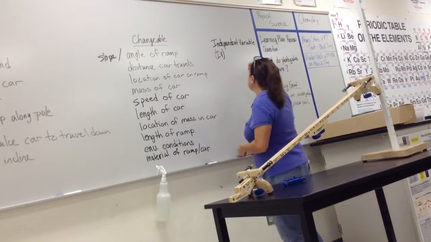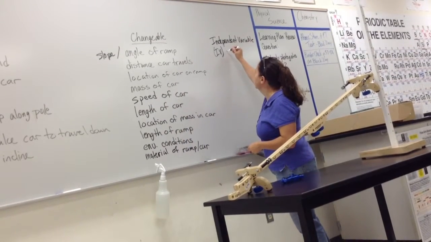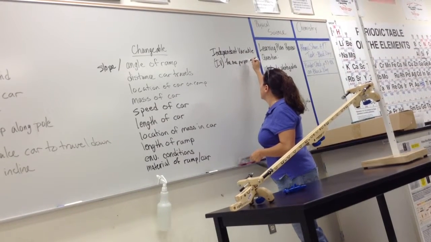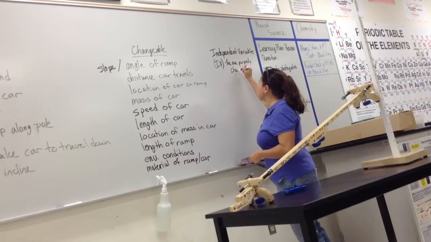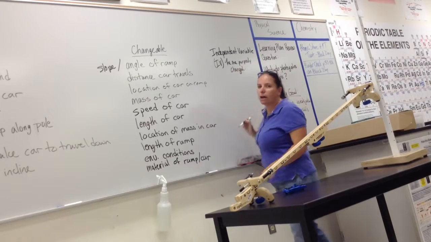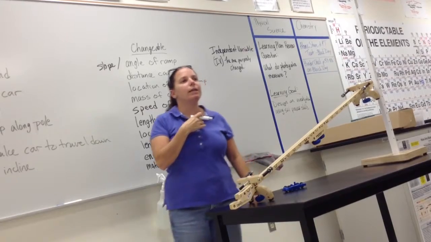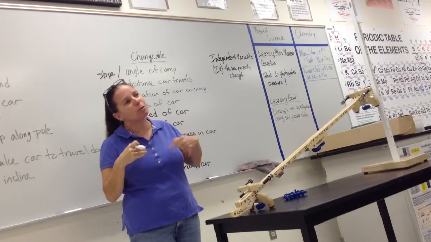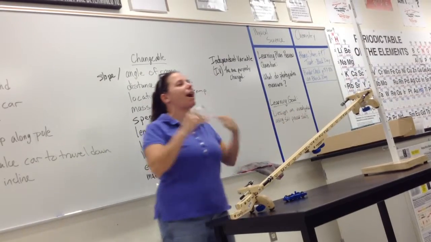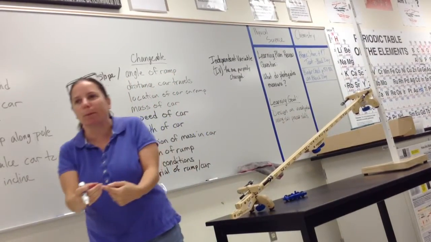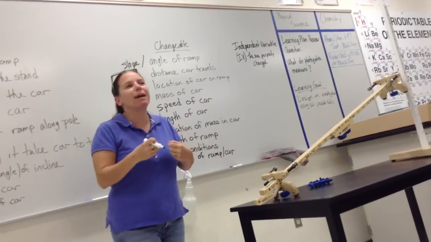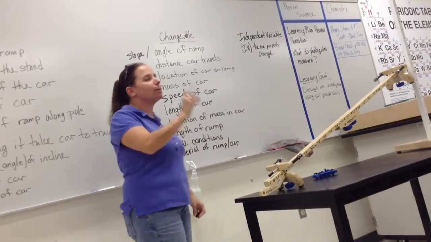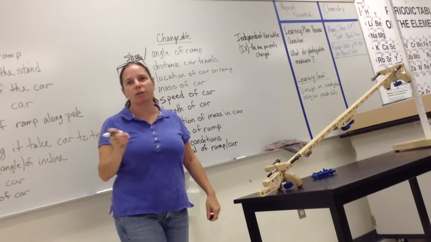It's what you purposely change. I like to think of it this way: I'm an independent person, and I have independently chosen that this is going to be the thing that I will change in my experiment. That's the independent variable. You, as an independent person, have chosen that particular thing to manipulate, to move around, to change.